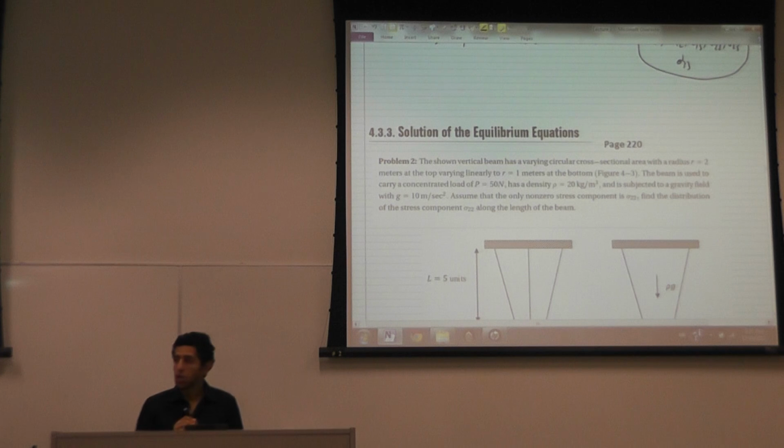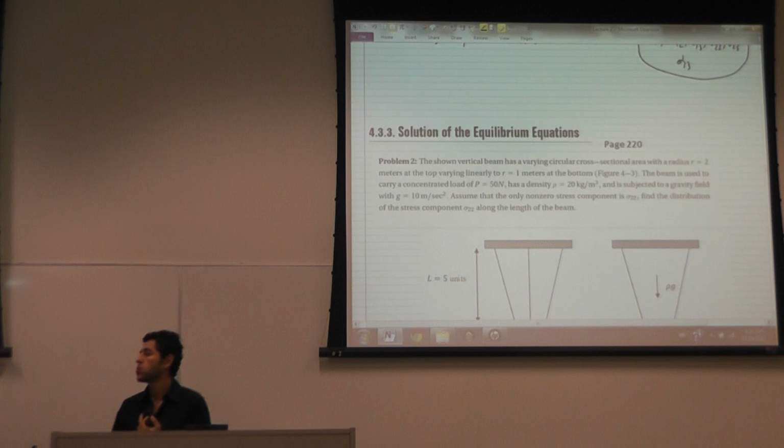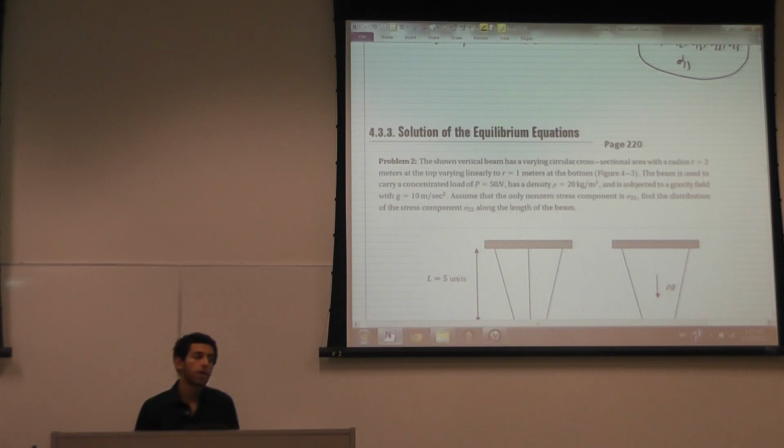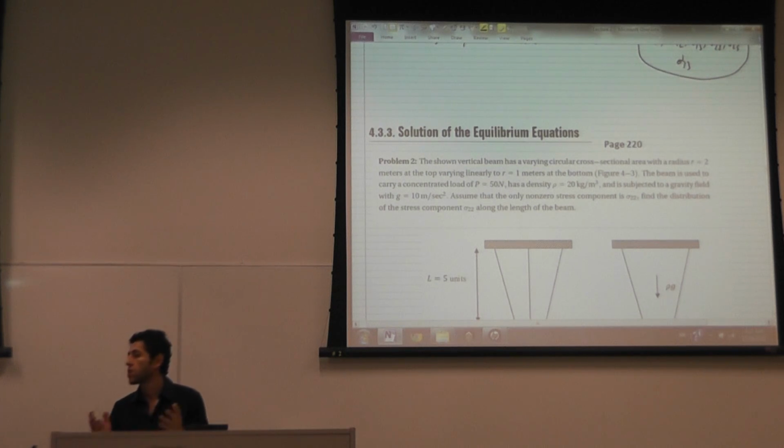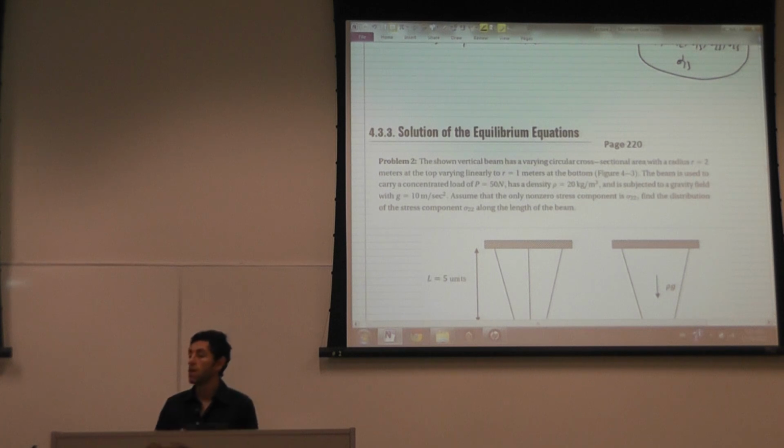For simple structures, we have to make very restrictive assumptions, otherwise I won't be able to solve these equations. These usually mean I have to assume that my stress matrix has only one non-zero component, for example, so I'm only calculating sigma 2,2. So I make my differential equation in terms of only one variable, and then look at my boundary conditions.